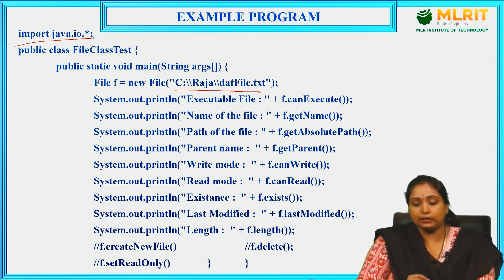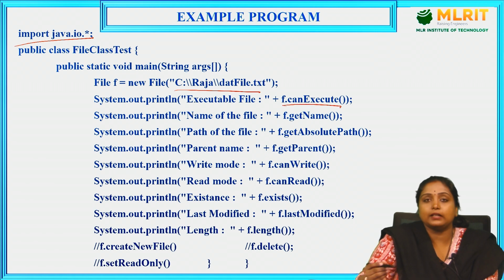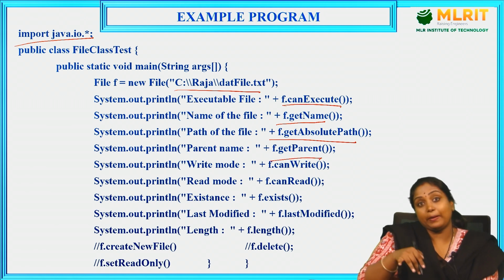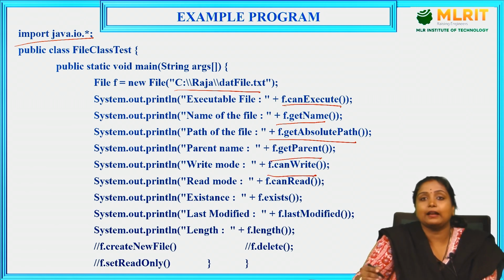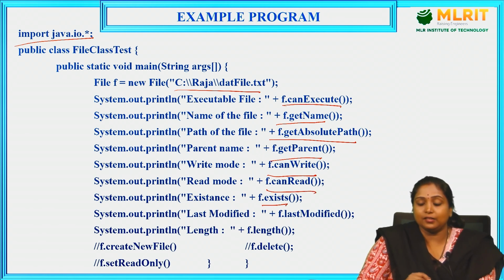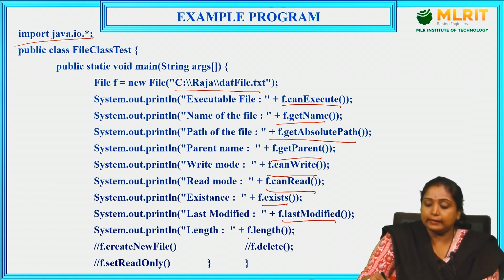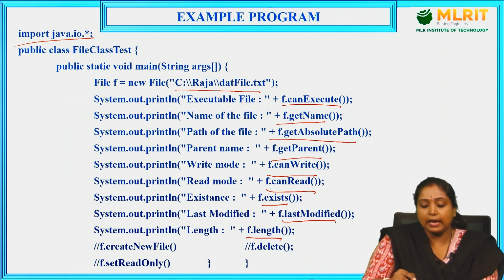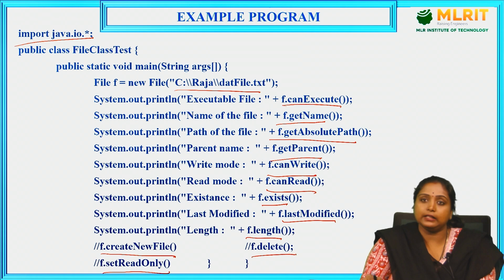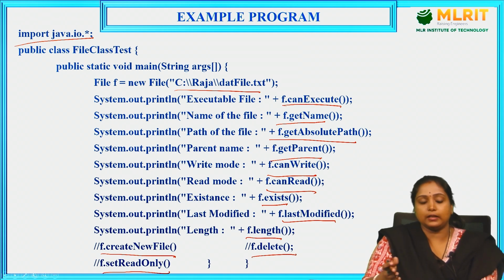First you have to check whether it can execute or not, and you can get the name of a file and the absolute path, and using getParent, the parent of that particular file. canWrite, does it have the write permission, canRead, does it have a read permission, f.exists, whether it exists or not, and f.lastModified, when it was last modified, and f.length of the particular file, and you can have createNewFile, setReadOnly and delete. These are some of the methods you can have.